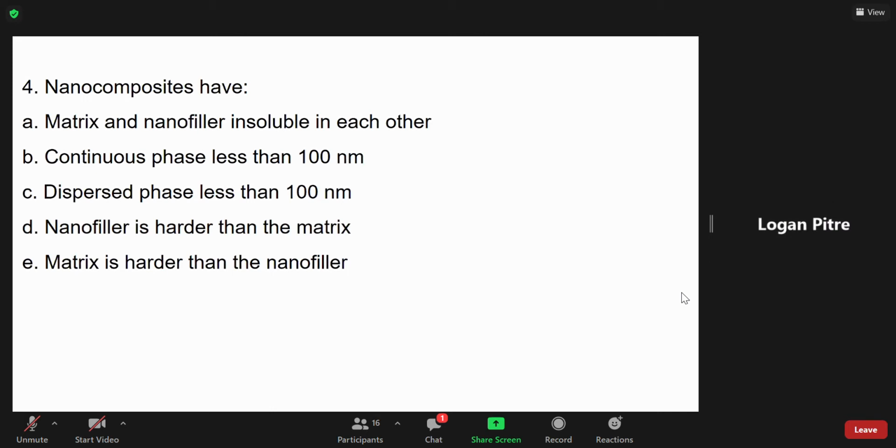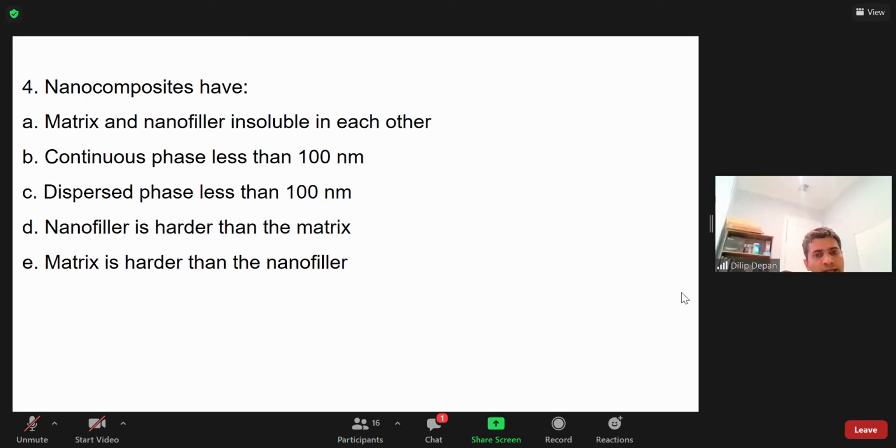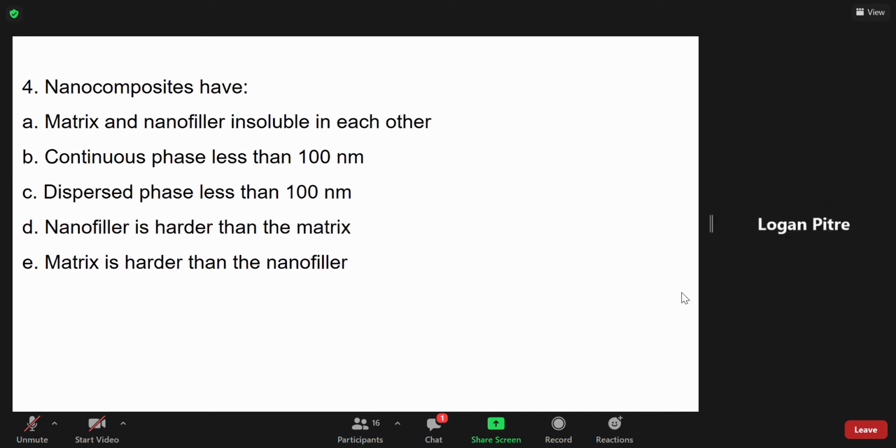I'm going to go with B. So continuous phase less than 100 nanometer, those are nanocomposites. Once again, you may have more than one correct answer, but let's go with one correct answer by each student. So you are saying that nanocomposites have a continuous phase that is less than 100 nanometer. Yes, sir. Okay.